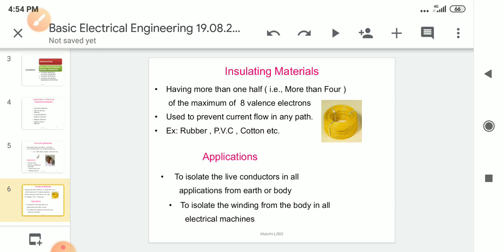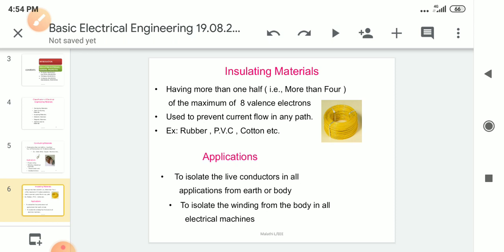Examples for this are PVC, cotton, glass, rubber, air, mica, paper, etc. What are the applications? To isolate the live conductors in all applications from earth or body, and to isolate the windings from the body in all electric machines.